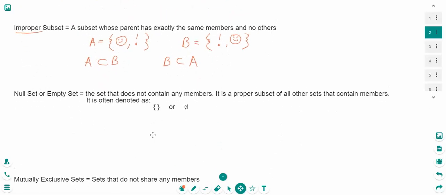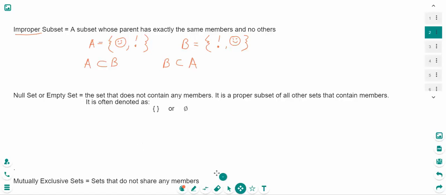Now let's talk about the null set, or the empty set. So this may seem a little ridiculous at first, but sometimes we do talk about the empty set. When we do, we refer to it usually as the null set, but we will sometimes talk about it as the empty set as well. Either one, they are synonymous. So what is it though? It is very simple.